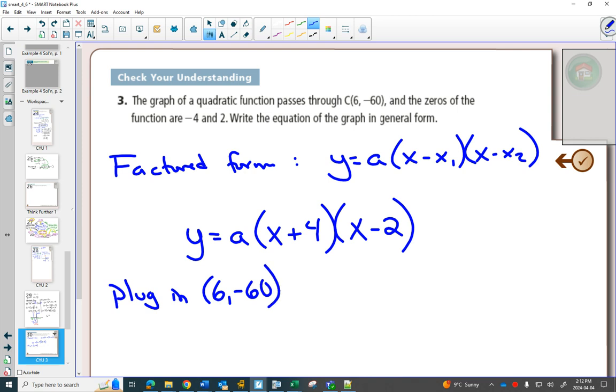And they tell us that (6, -60) is on the graph. And this is an idea that we talked about the other day as well. If a point is on the graph, it makes it true.